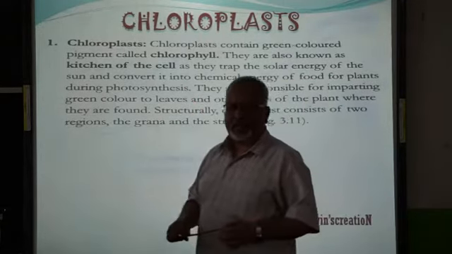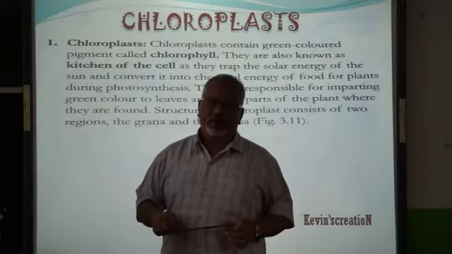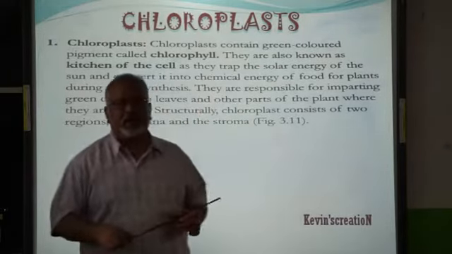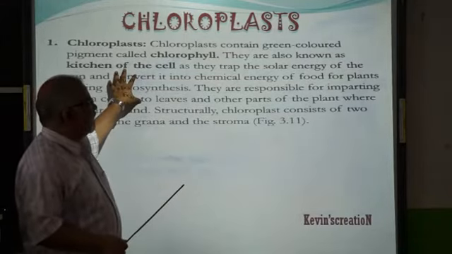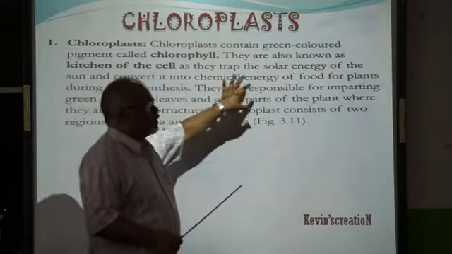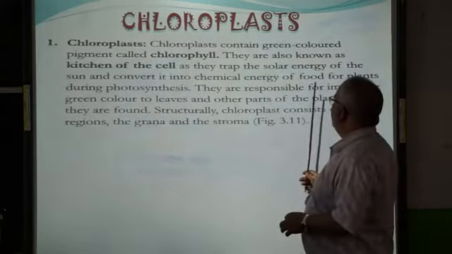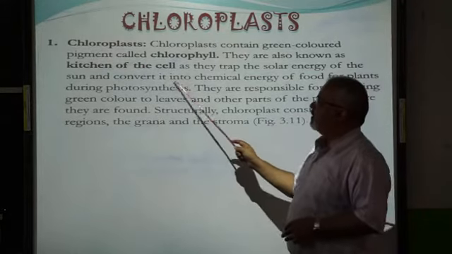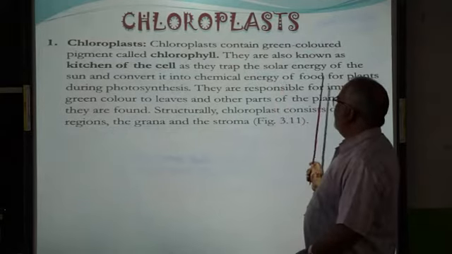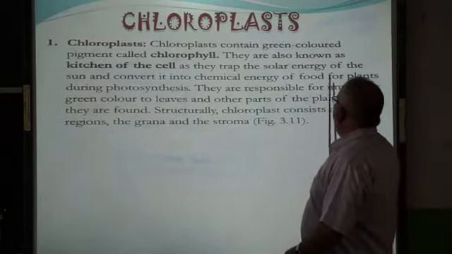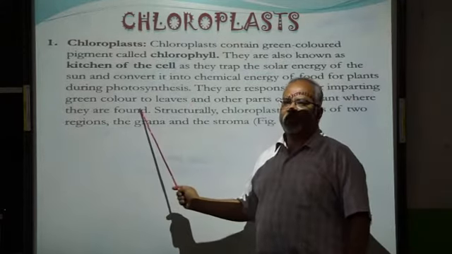Now what happens in our kitchen? Your mother prepares the food for you. Same way here also the food is manufactured for the plant. That is why they are called the kitchen of the cell. They trap solar energy, energy which comes from the sun, and convert it into chemical energy which is utilized by the plant as food during a process known as photosynthesis.